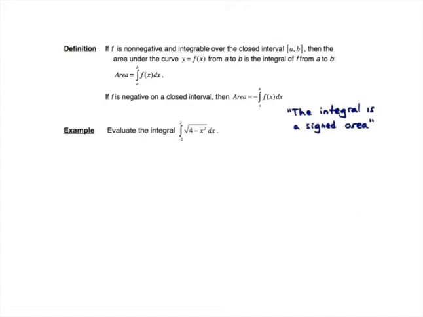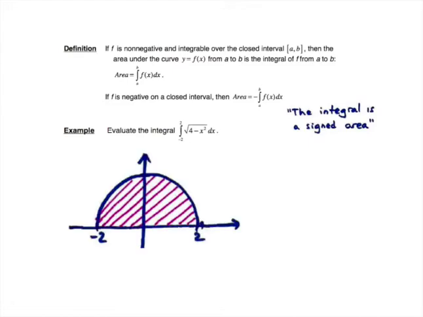So we'll do two examples of evaluating integrals using geometry. From here, it's really important to understand what's happening. If we want to evaluate the integral from -2 to 2 of the square root of 4 minus x squared dx, when we sketch the graph of f(x) = √(4 − x²), we see that it's a semicircle, and that's an easy area to calculate.